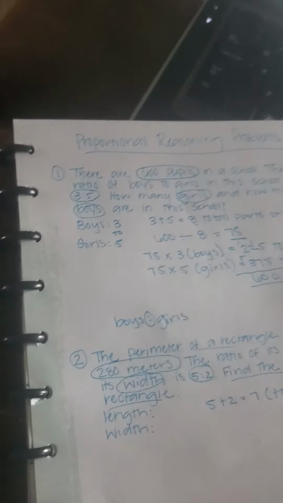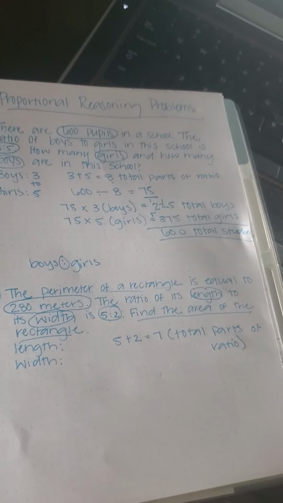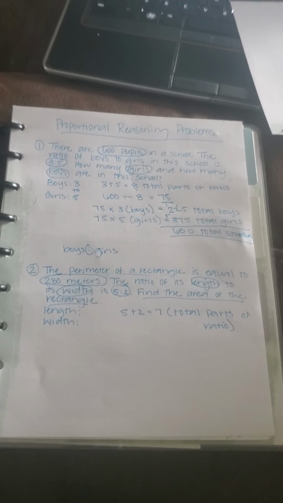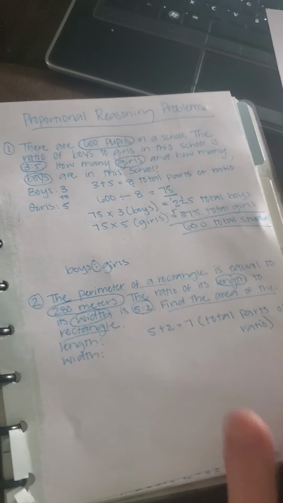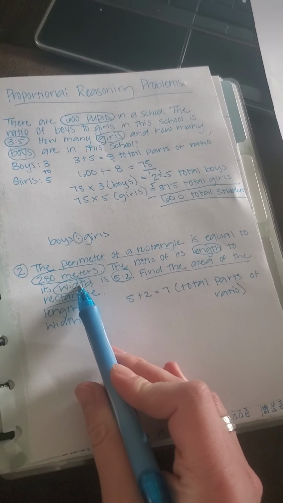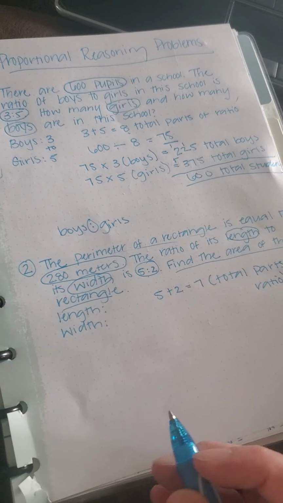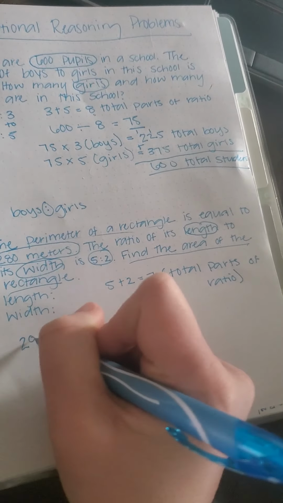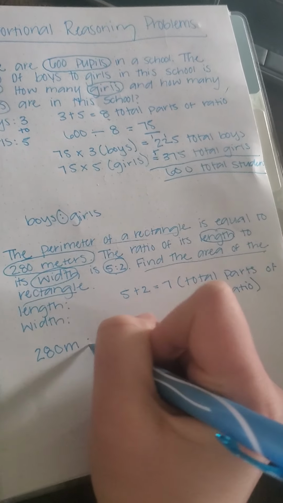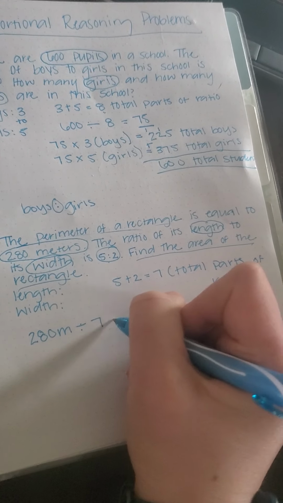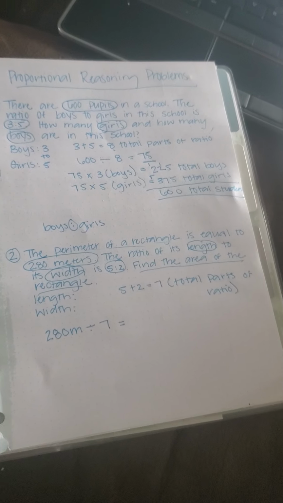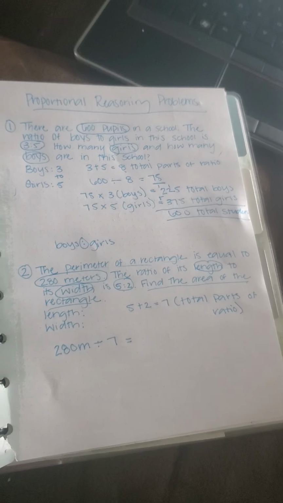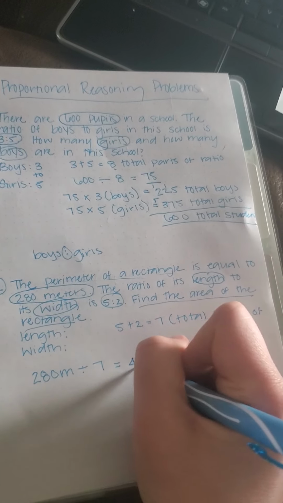If our total perimeter is equal to 280 meters, we're going to divide it by our total parts, 7. I'll give you a minute to work that out. Very good, we all should have gotten 40.